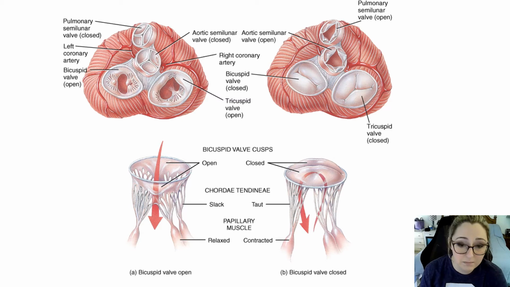The way blood moves through the heart, you have to have one chamber closed while the other one's open. You have to have the vessels closed off while the chambers fill up with blood. So that's very important to make note of. And then this little graphic here at the bottom is showing relaxed versus contracted papillary muscles attached to those chordae tendineae.